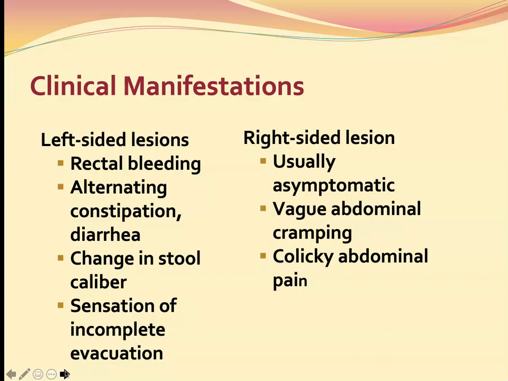So the clinical manifestations for left-sided lesions: rectal bleeding, alternating constipation and diarrhea, change in stool caliber, sensation of incomplete evacuation. And then on the right-sided lesion, they are asymptomatic, that is not good, vague abdominal cramping, and then colicky abdominal pain.